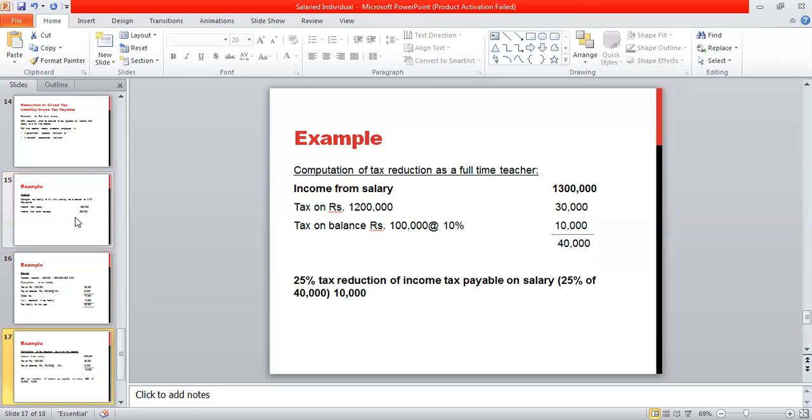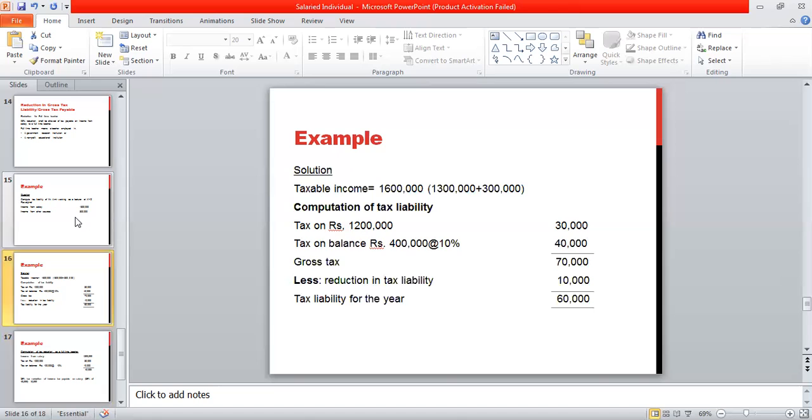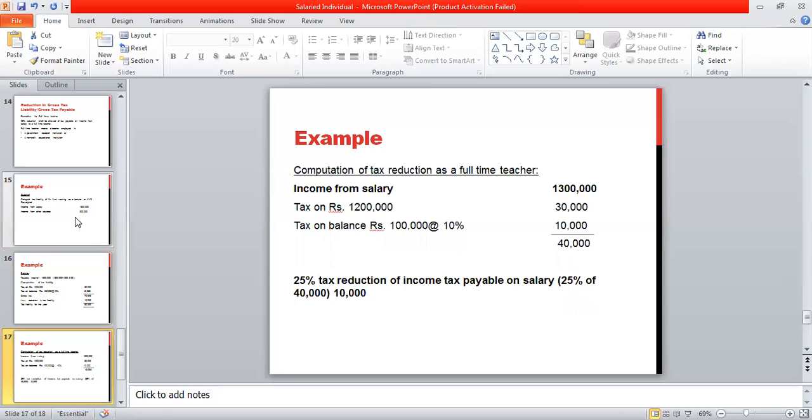Tax on rupees 12 lakh 30,000. Tax on balance rupees 1 lakh at the rate of 10% is 10,000. Total is 40,000.